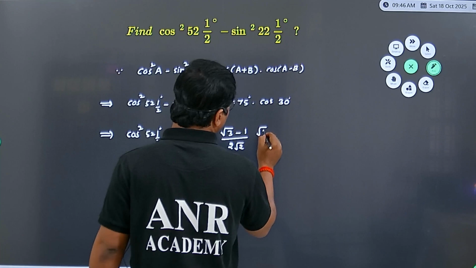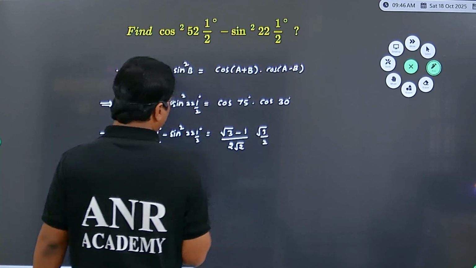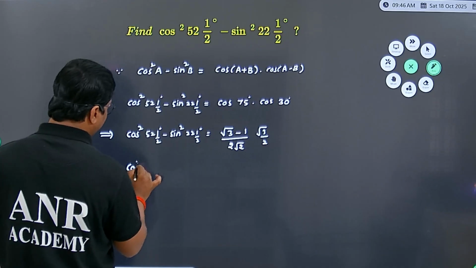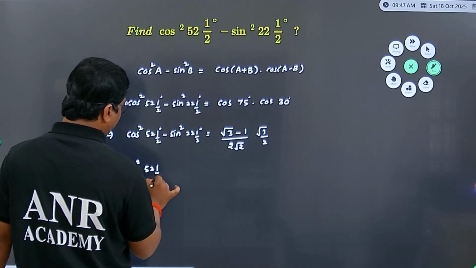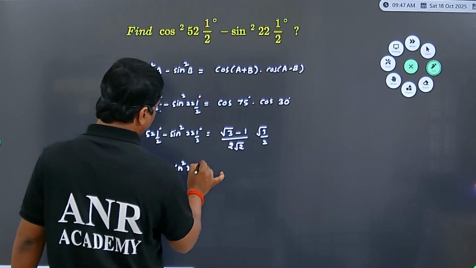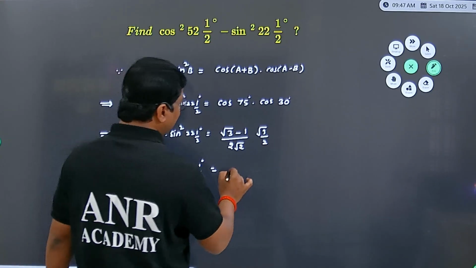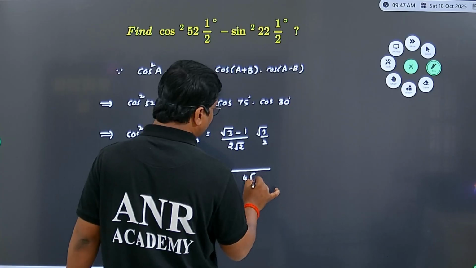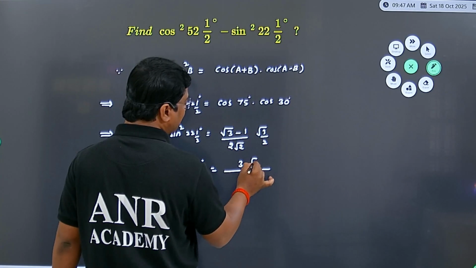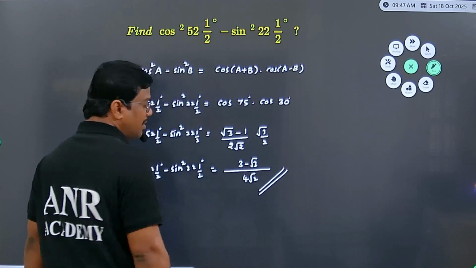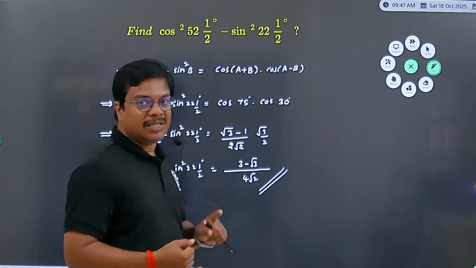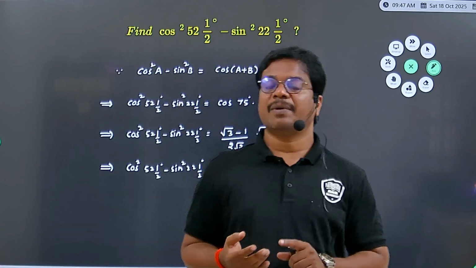Sin 60 degrees value is root 3 by 2, and on simplification it gives the result. On the right hand side you have to simplify so that you will get the final answer. Denominator part 4 root 2 and numerator part root 3 into root 3 is 3, 1 into root 3 is root 3. So this is the solution, 3 minus root 3 divided by 4 root 2. These types of questions are asked in the public examinations.